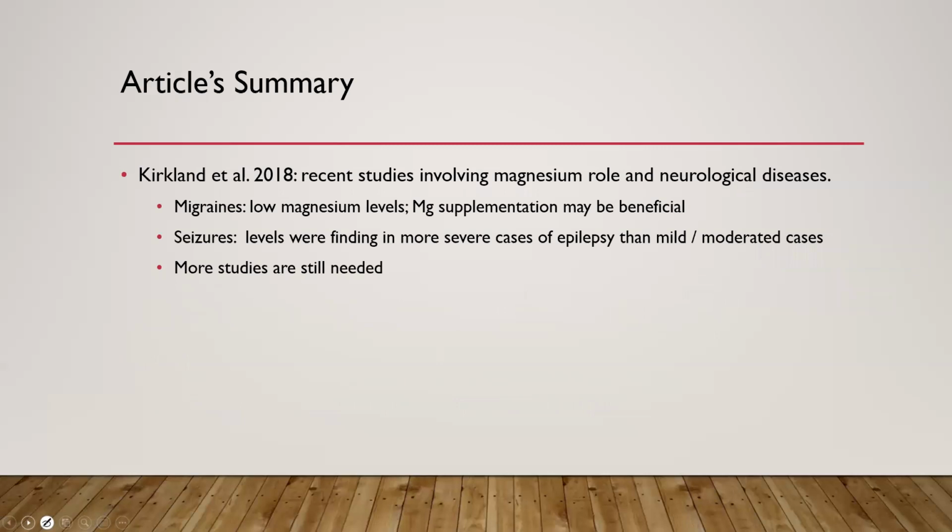Okay, so in another article, the article of Kirkland et al. 2018, they had a summary of different studies involving the role of magnesium in neurological diseases. Mainly, people with migraine had low magnesium levels, and it was suggested that magnesium supplementation may be beneficial.